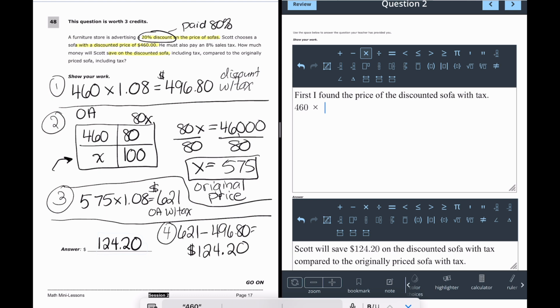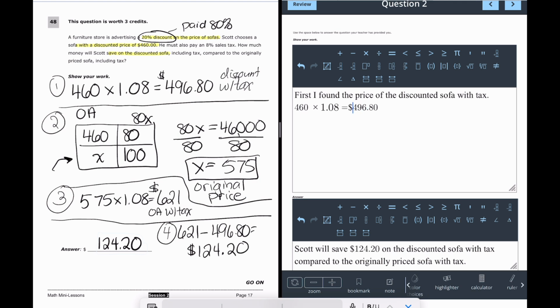Times 1.08 is equal to 496.80. Okay. It looks a little funky, but it's okay.